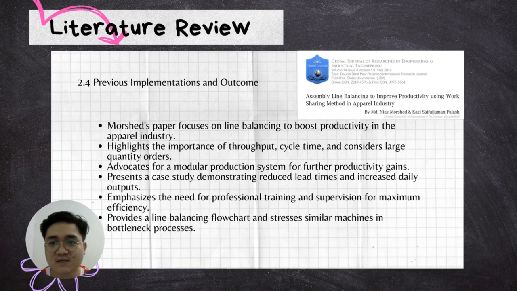It also presents a case study demonstrating reduced lead time and increased daily output. And it also emphasizes the need for professional training and supervision to maximize efficiency. Thus, it provides a line balancing flow chart and stresses similar machines in the bottleneck process.